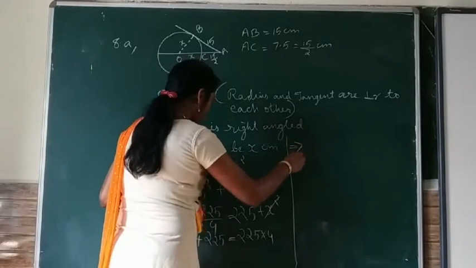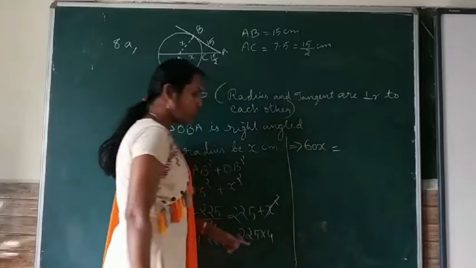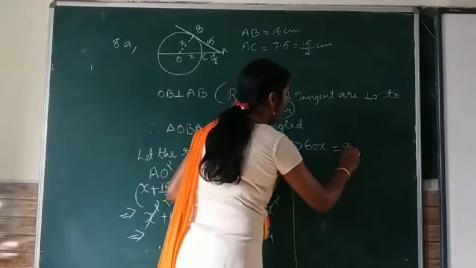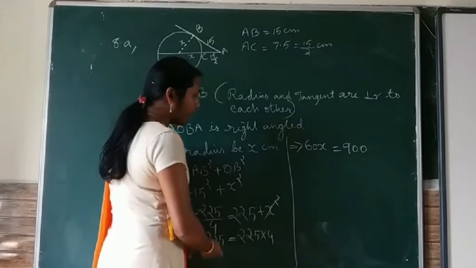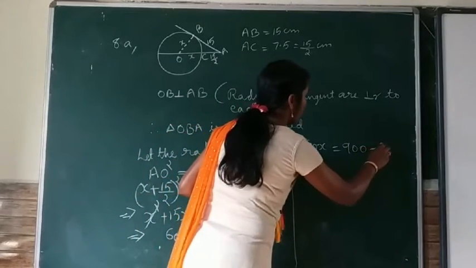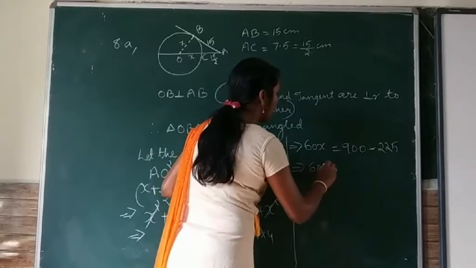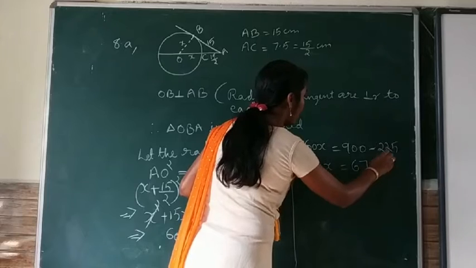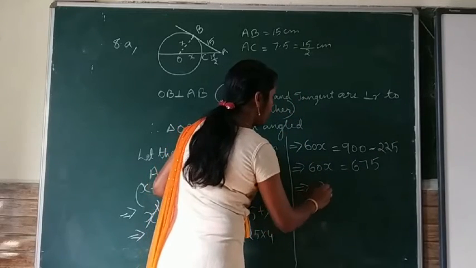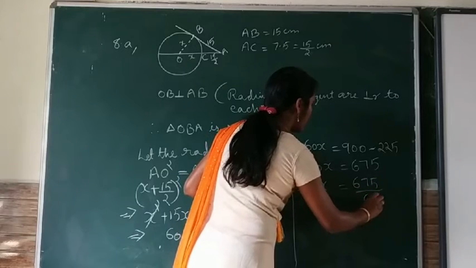That implies 60x is equal to 225 into 4, which is 900. Subtract 225 from 900. Bring 225 to the other side: minus 225 implies 60x is equal to 675. x is equal to 675 by 60.